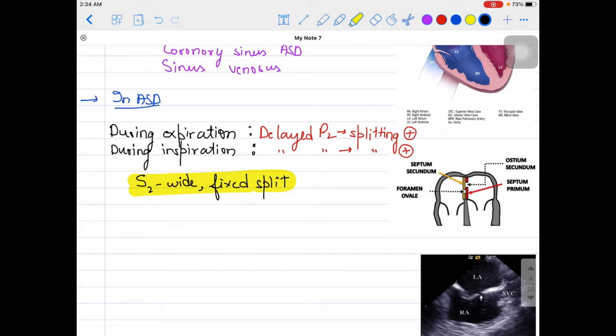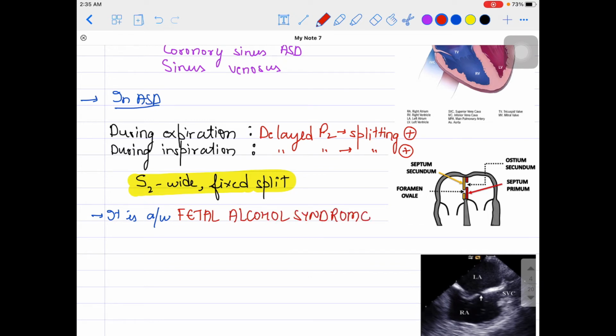Now once we are clear with this, let me tell you what could be the association along with this particular ASD. It is associated with, I'm just writing it in bold letters over here, fetal alcohol syndrome, right? Fetal alcohol syndrome, very important.